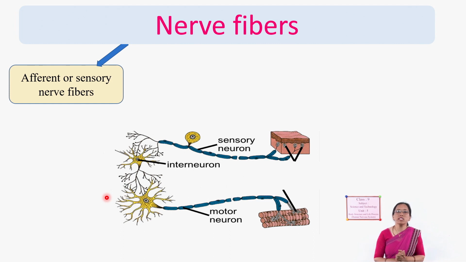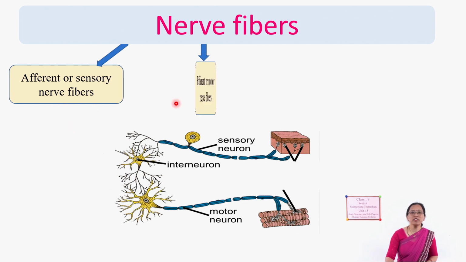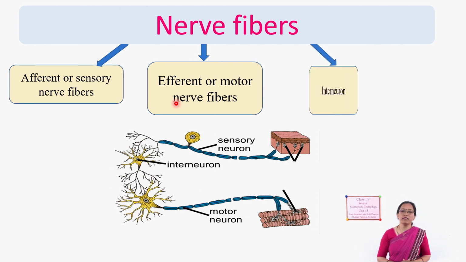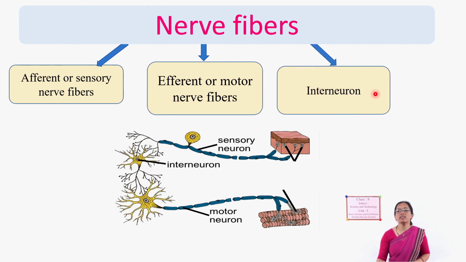Based on their function and location, these nerve fibers are classified into three types. What are those? Afferent or sensory nerve fibers, efferent or motor nerve fibers, and interneurons. See in this picture, there is skin, is it? This is the part of skin from which one nerve is arising.